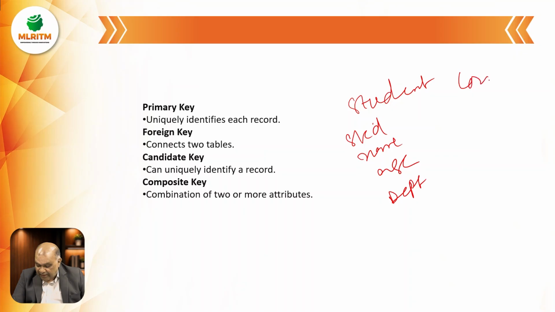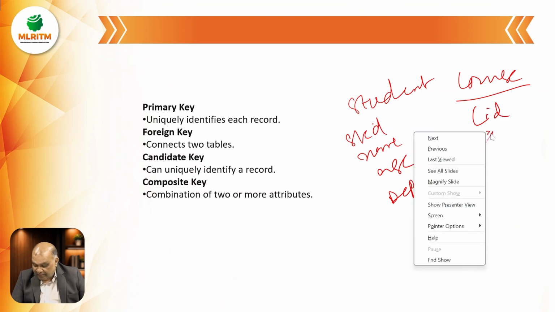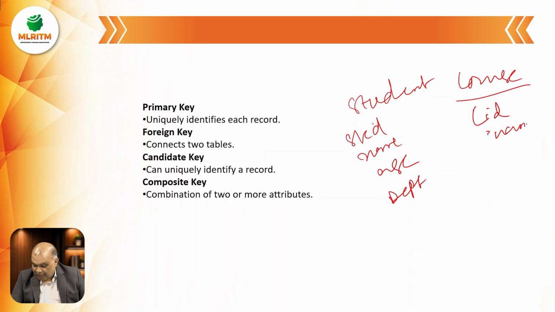Here I am taking one more table called course. Course ID is the primary key of that table, then course name, C name, and student ID, SID. So in one table SID is the primary key, and in another table SID is the foreign key.